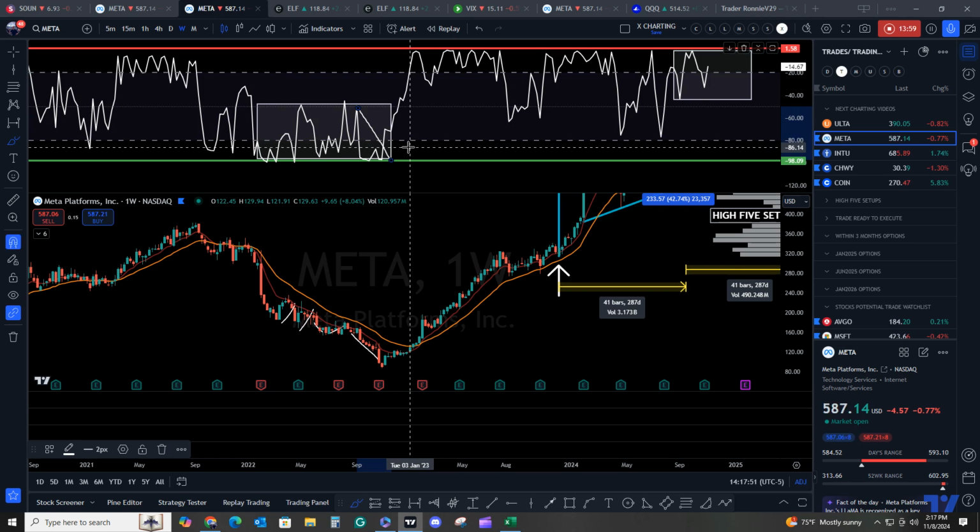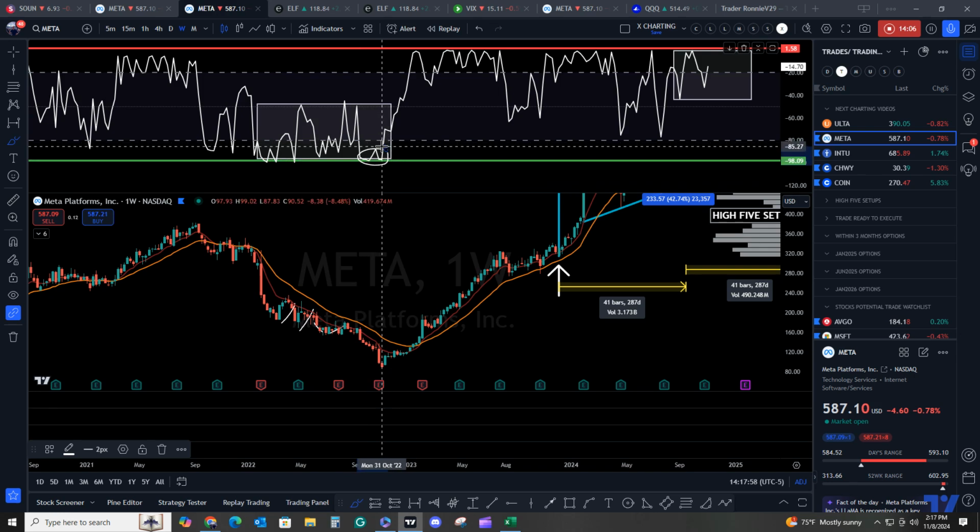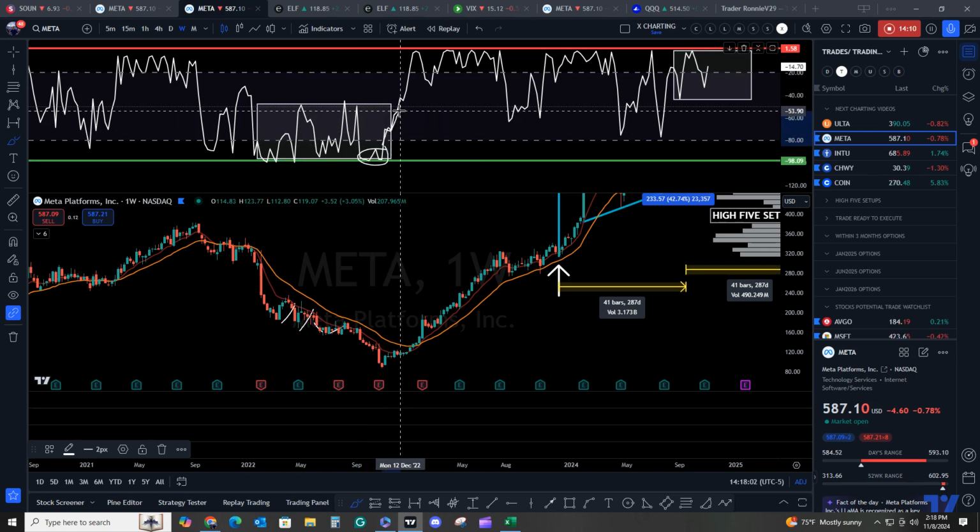And then essentially what our Williams R told us right here is that okay, we're coming out, made a higher high, and then we continued higher, and then higher, and we broke out of that consolidation box.